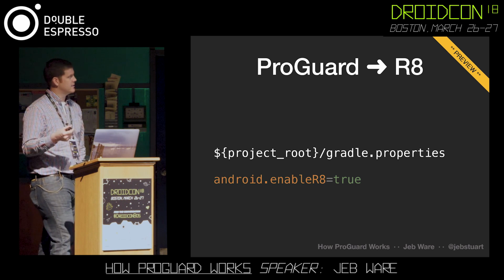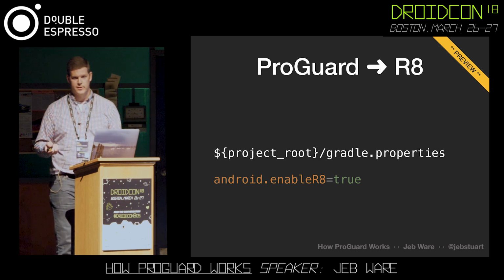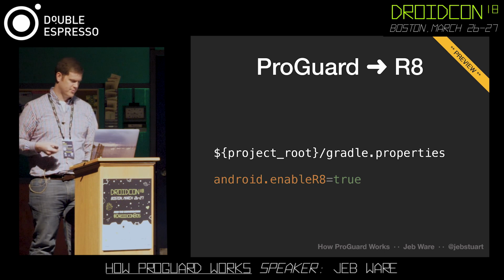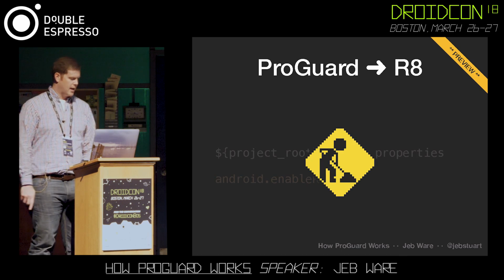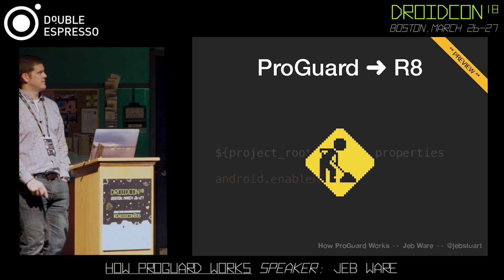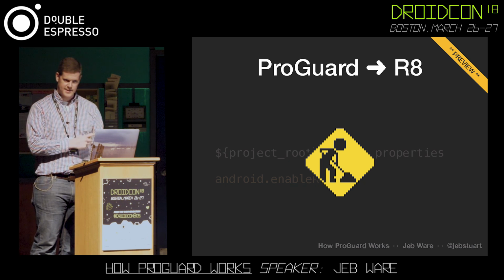In the root of your project, there's a gradle.properties file, and you just say android.enableR8=true. When D8 came out, it was android.enableD8=true to opt into that. If you do that right now, I'm going to warn you, it is not entirely done yet. Like every website in the 1990s, it was under construction.